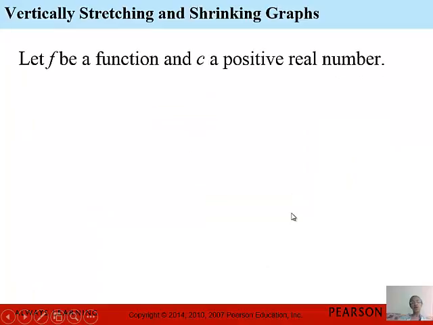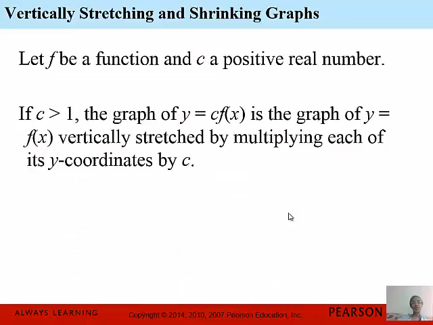We can also vertically stretch and shrink graphs. So let's let f be a function and c a positive real number. If c is bigger than 1, the graph of y equals cf of x is the graph of y equal f of x vertically stretched by multiplying each of its y coordinates by c.